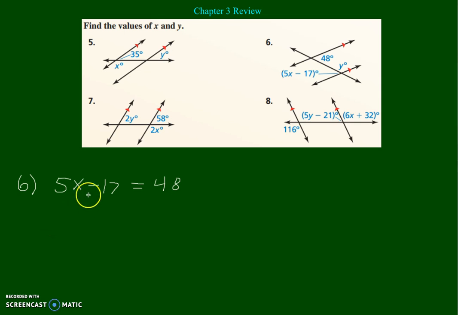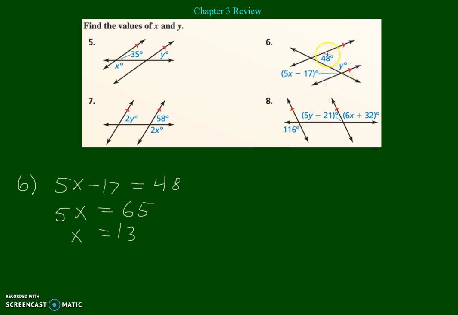So now we use the addition property of equality to add 17 to both sides. So 5x equals 65. Then we use the division property of equality to divide both sides by 5. X equals 13. So that gives us the value of x.